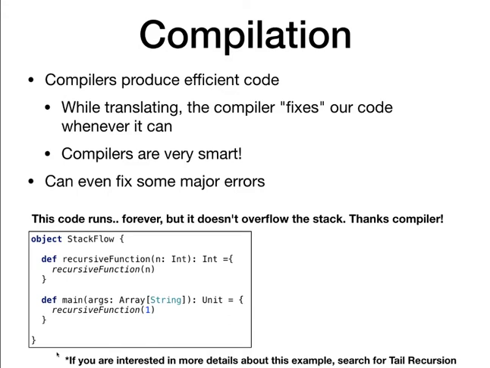Scala looks at this, sees that it's something called tail recursion, and turns this recursive method into an iterative method. This code, of course, is still broken, but it'll just run forever without causing the stack overflow. That's one thing the compiler finds and fixes, and in this case the code's still broken, but we don't crash. We just spin up our CPU and burn up our fans and our hardware.